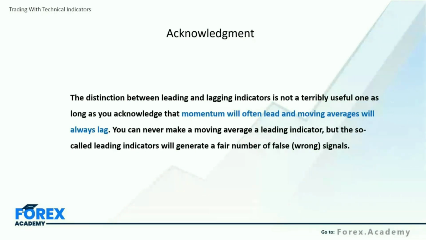You can never make a moving average a leading indicator, but the so-called leading indicators will generate a fair number of false or wrong signals. So we do need to know the difference between these leading and lagging indicators, perhaps use them both at the same time whilst reading the price action to look for more consistent, concise technical trading opportunities.